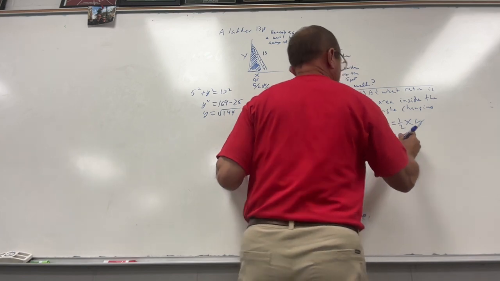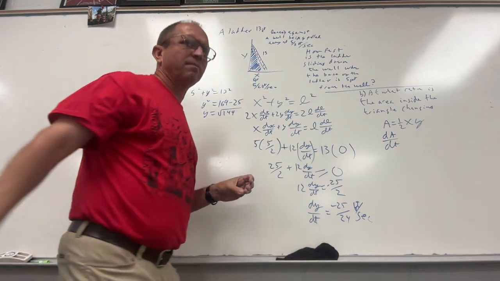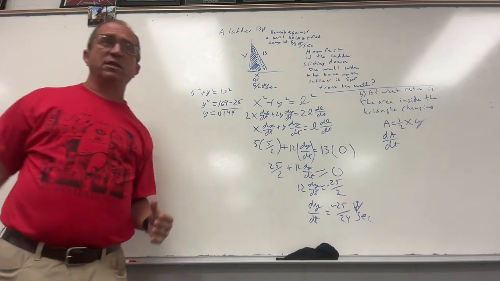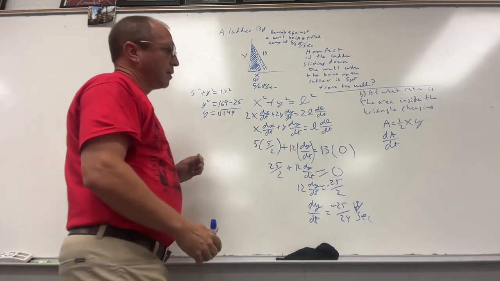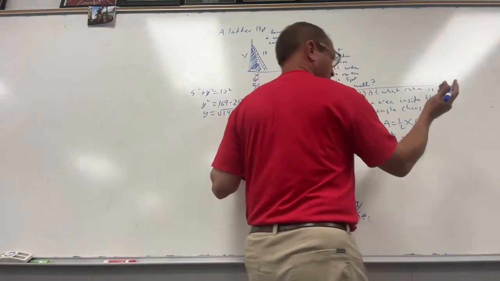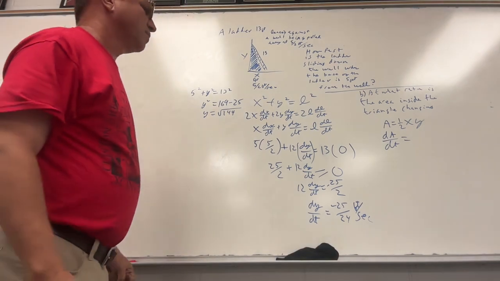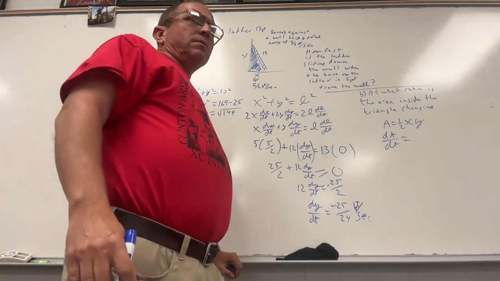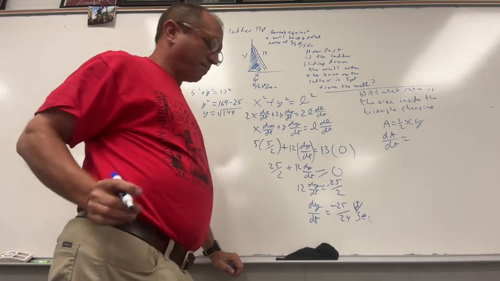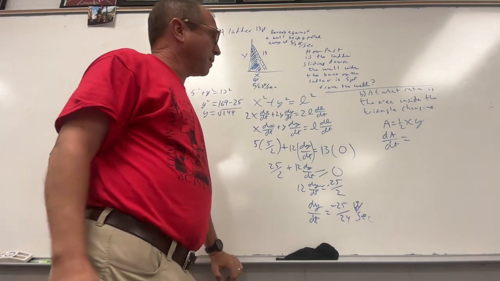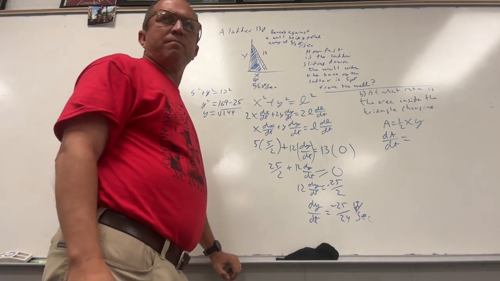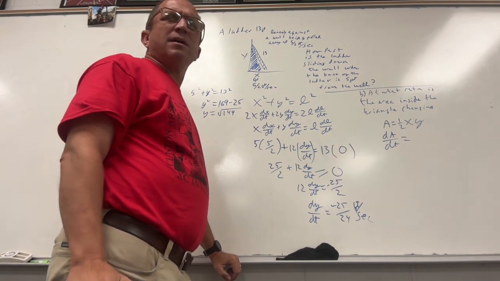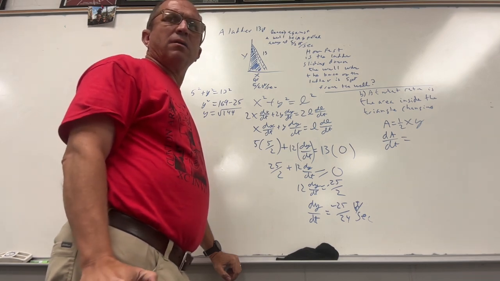No, it can't be 0 because the rate is changing there. The area of that triangle is changing, so it would not be 0. All right, now, we're just taking the derivative. So how would we do the derivative of 1/2 xy? There are a couple different ways to think about it. Is it the chain rule? It wouldn't be chain. In this case, it would be product.